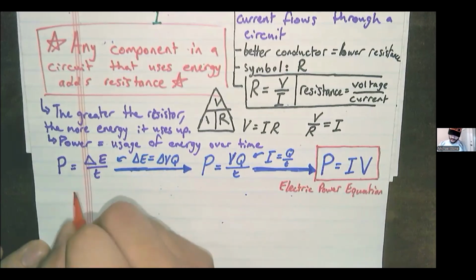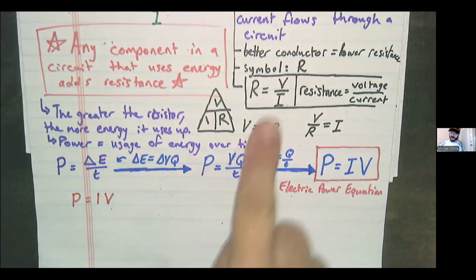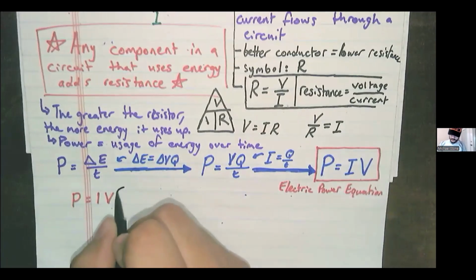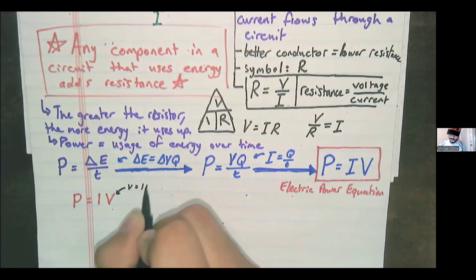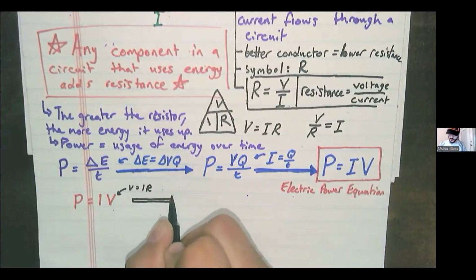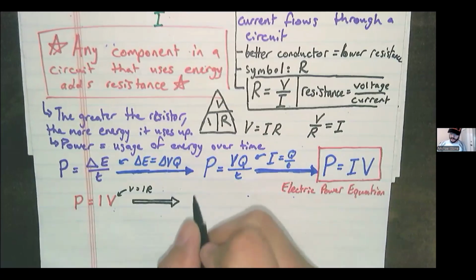So if we start with P = IV, and we take Ohm's law set equal to voltage: voltage is current times resistance. So we could derive an expression for power when the voltage is not known, but we do know the current and resistance.